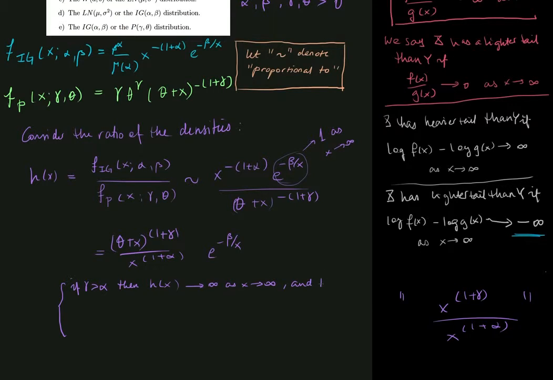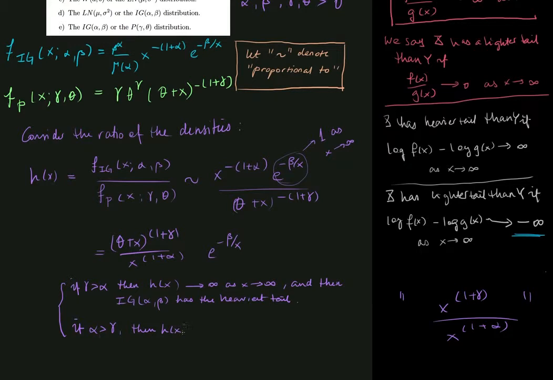Thereby, the inverse gamma distribution has the heaviest tail. However, if alpha is greater than gamma, then the denominator has x to the highest power, so that will grow quickest towards infinity.